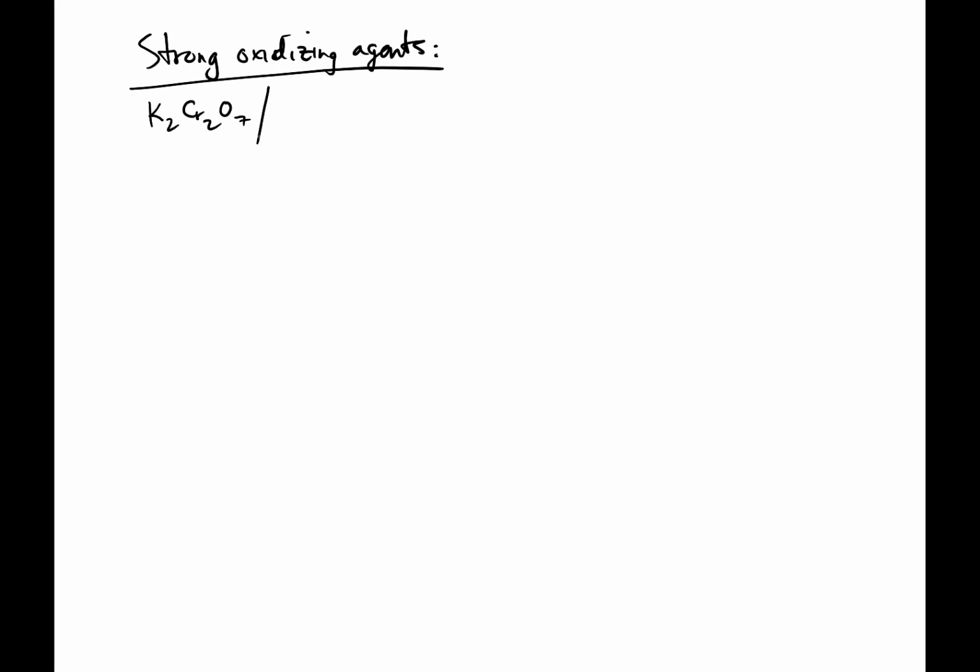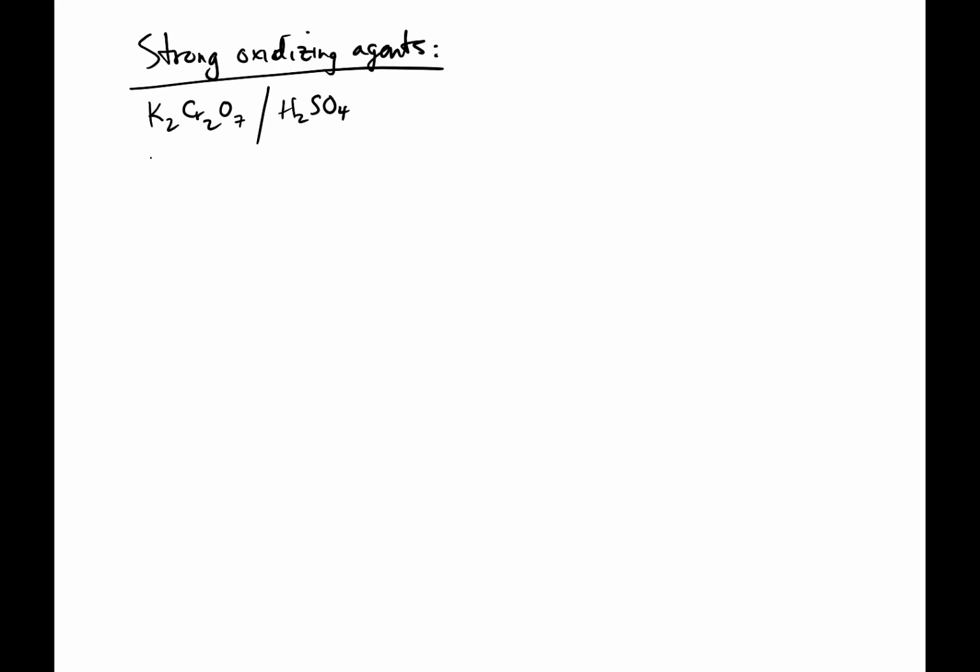So let's go back. First of all, okay, let's do this. Strong oxidizing agents, because you need to be able to recognize these. Now, there are lots of these, but the common ones that we'll see, and I don't think you'll see Bettelheim use any other ones, and probably this is even more than he'll use. But, okay, the mixture of potassium dichromate and sulfuric acid.